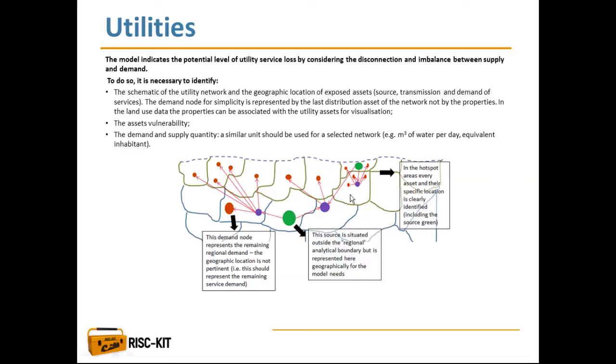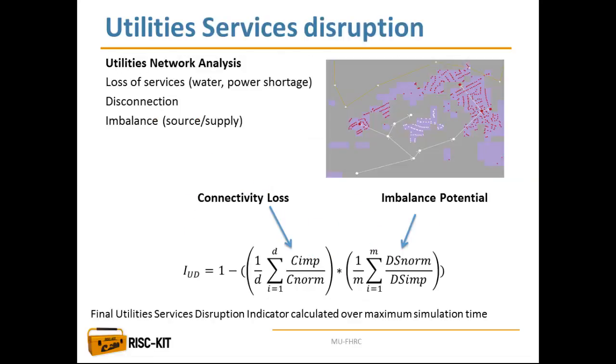You also need to represent assets that are situated outside the regional analytic boundary. Again, their geographic location is less important. So the analysis will then estimate the connectivity loss and the imbalance potential and combine them into one indicator. This indicator will be calculated on a daily basis within the model and will be integrated over the maximum simulation time.